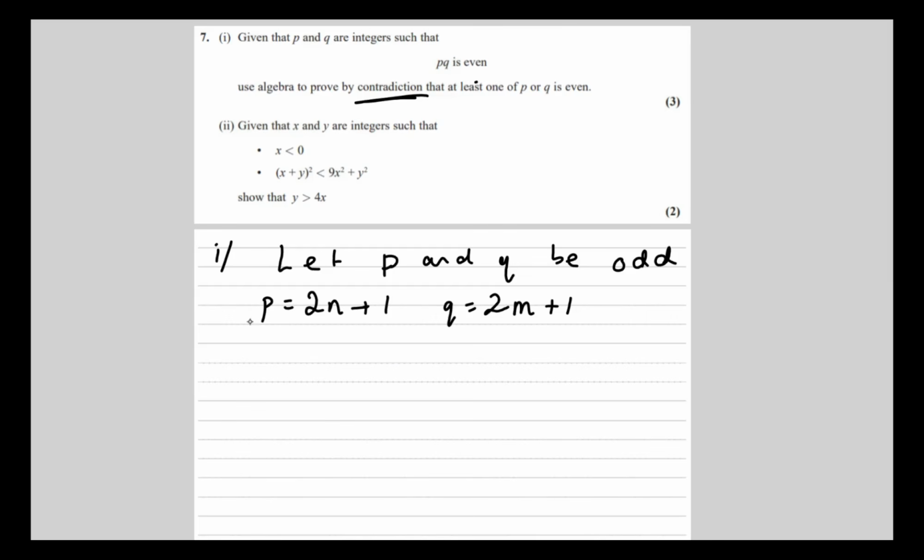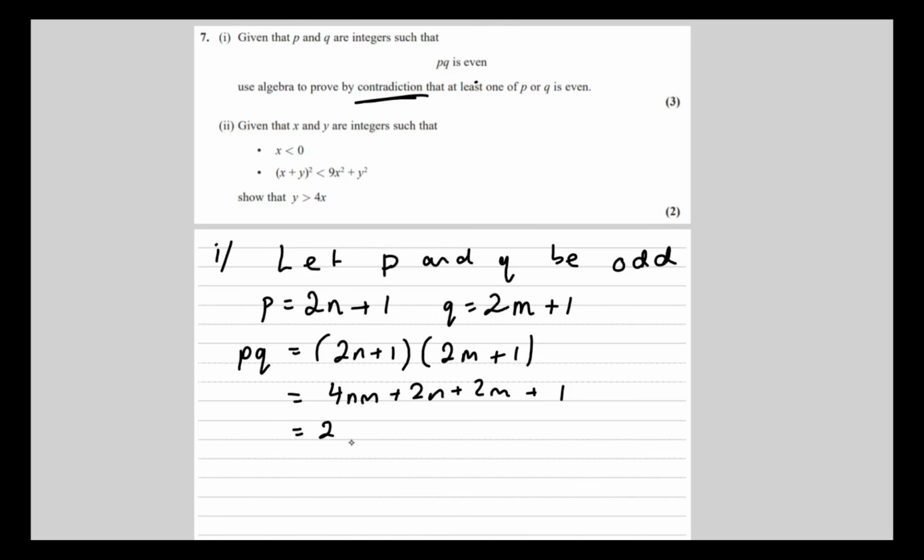So P times Q will be 2n plus 1 times 2m plus 1, which is 4nm plus 2n plus 2m plus 1. And that will be an odd number because an even number is in the 2 times table and it's plus 1.